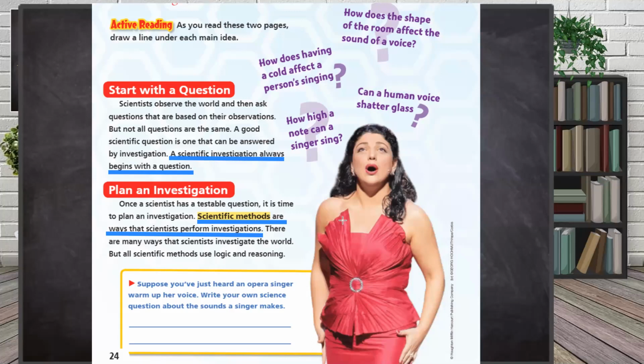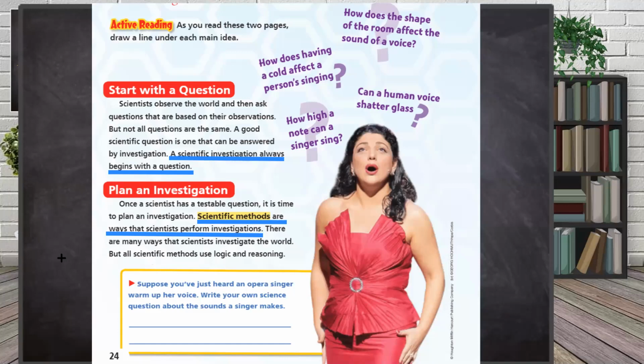I don't know. How does she get her voice from her throat? Okay, what else, Tala? That's it? Yeah, I don't really have so many ideas.